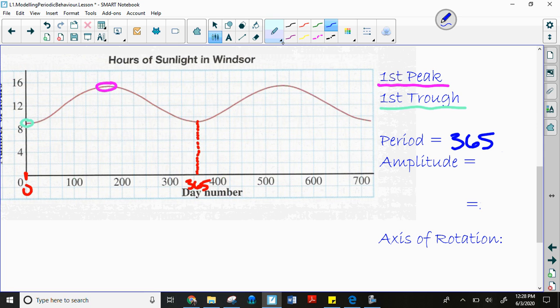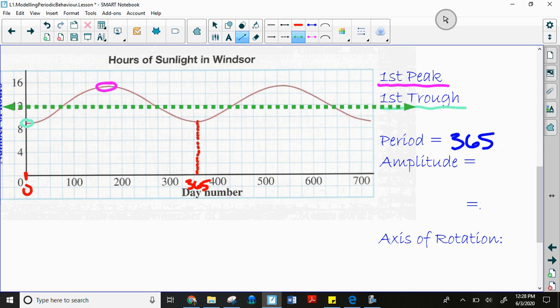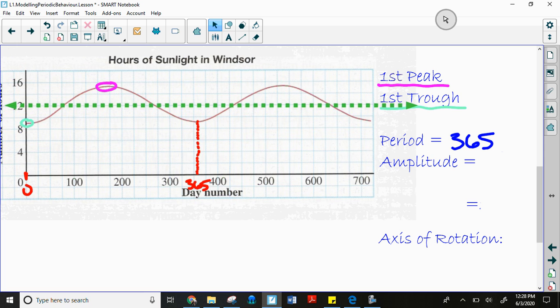Amplitude. Okay, where's my amp line? I think it's there. Let me just see for a second. Up almost 2, down. This is gross.